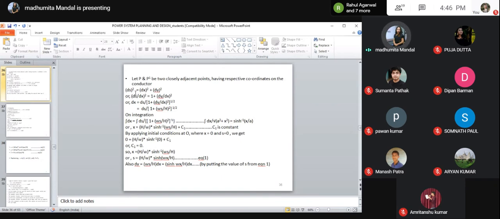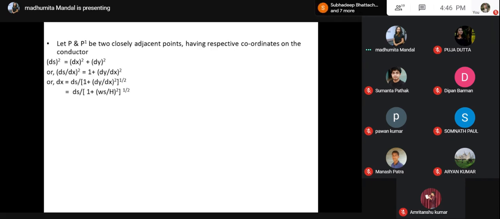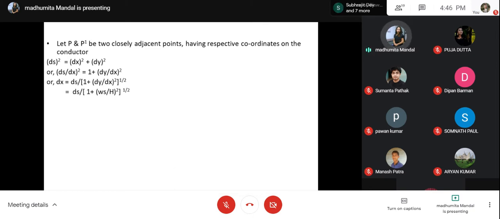Okay, so ds square is equal to dx square plus dy square. If we take that triangle and divide both sides by dx square, it will be (ds by dx) whole square is equal to 1 plus (dy by dx) whole square, or dx is equal to ds divided by root over 1 plus (dy by dx) whole square.